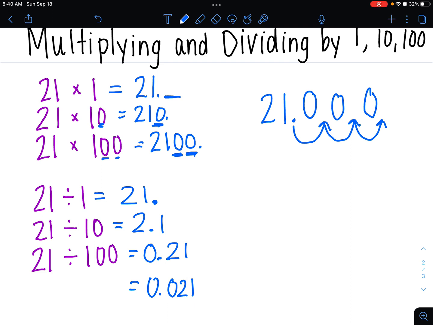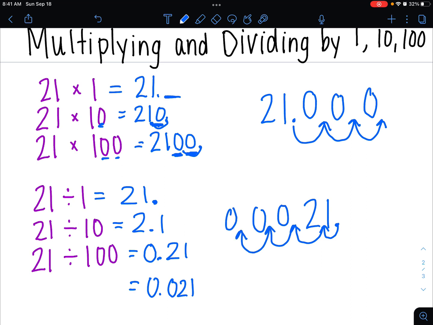So 21 to 210 to 2,100. When we divided by 10 and by 100, our decimal was moving to the left. Every time we're adding a 0 to the left side, making that number smaller.